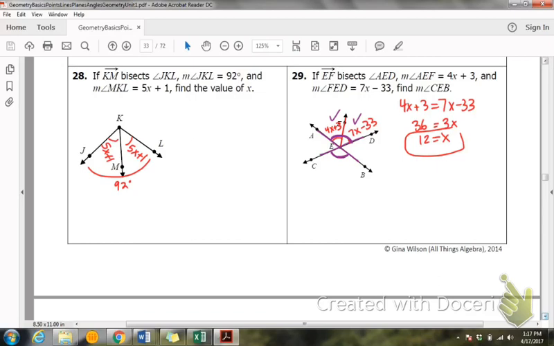Okay, Chris, you said you got what? 102. Measure of angle CEB is 102. Does anyone else agree with 102? Good. Excellent. 102 degrees. Make sure that you're putting measure of angle CEB there.